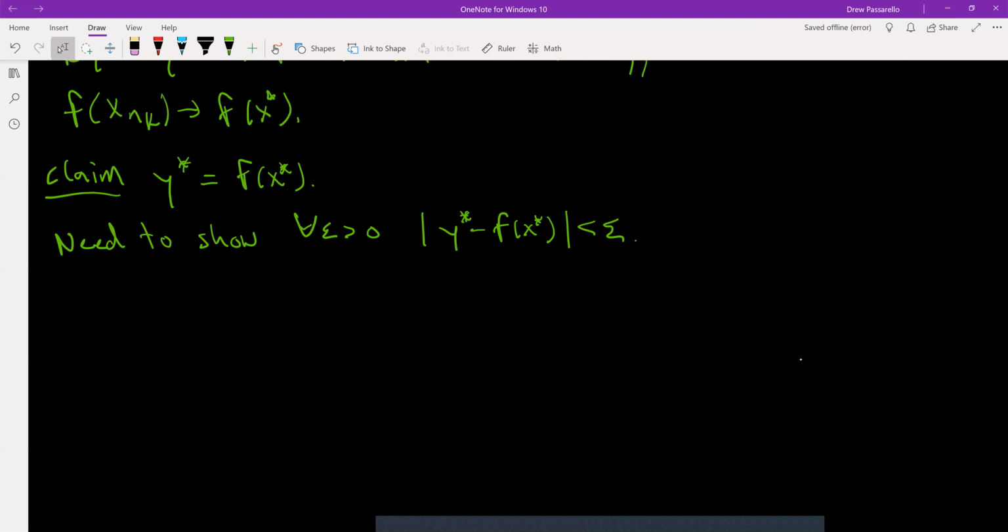Well, note, we know y star minus 1 over n is less than f of xn. So we can rearrange this, and that implies that y star minus f of xn is less than 1 over n.